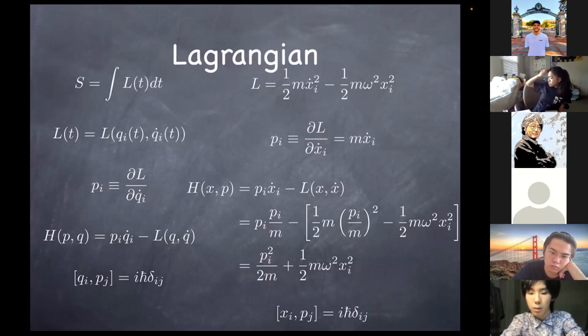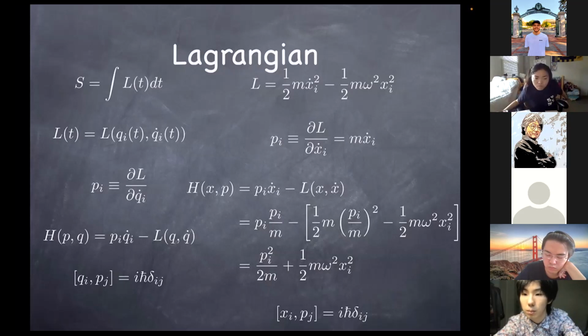But for some reason, the physicists and mathematicians in the 19th century decided to reformulate classical mechanics by inventing this idea of the Lagrangian. And that's the reason why we can talk about the principle of least action. So the least action is the way you can derive the Newtonian equation of motion. And using the Lagrangian, now you can define the Hamiltonian, which is meant to be the energy of the system.